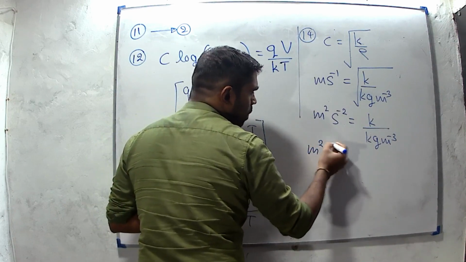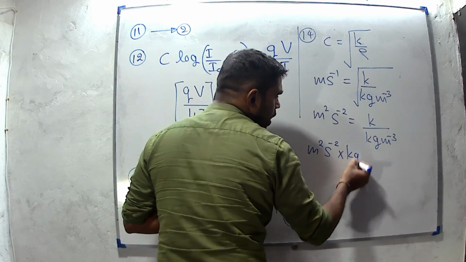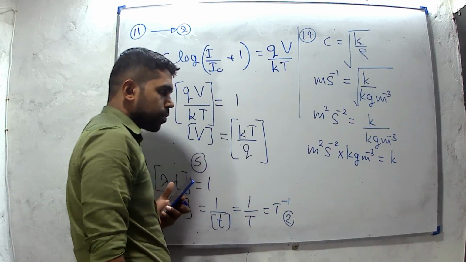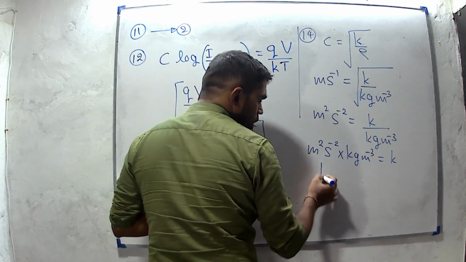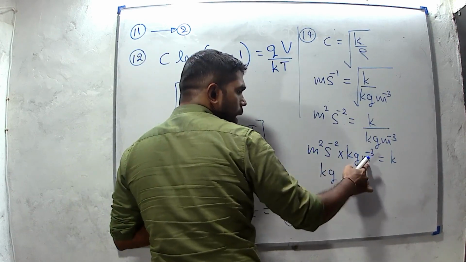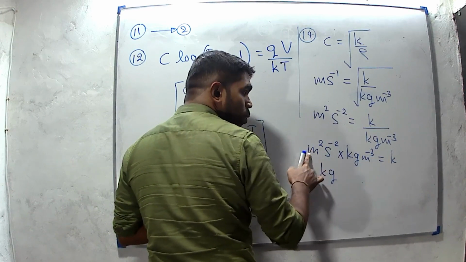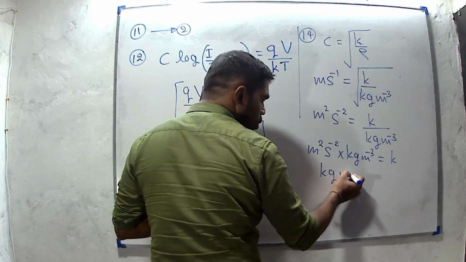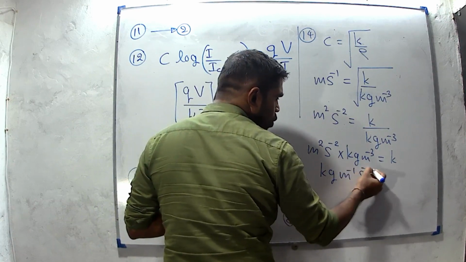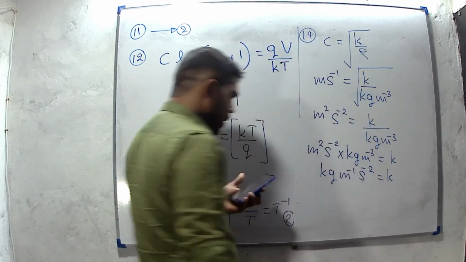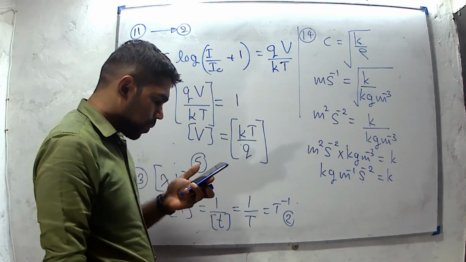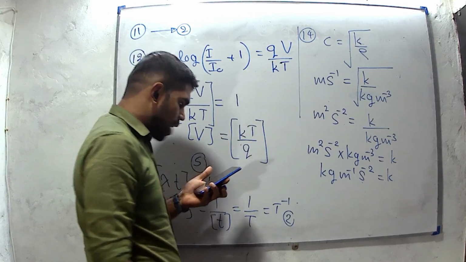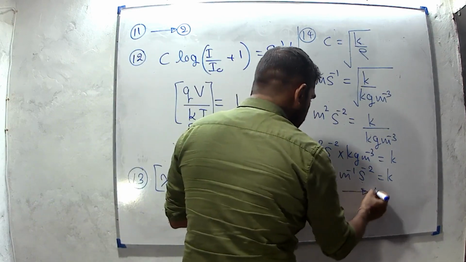M squared s to the power minus 2 multiplied by kg m to the power minus 3 is the unit of K. Then we simplify the meter terms, m to the power 2 multiplied by m to the power minus 3. Then the answer is kg m to the power minus 1 s to the power minus 2. Then the correct answer is kg m minus 1 s to the power minus 2. Answer is 4 for question number 14.